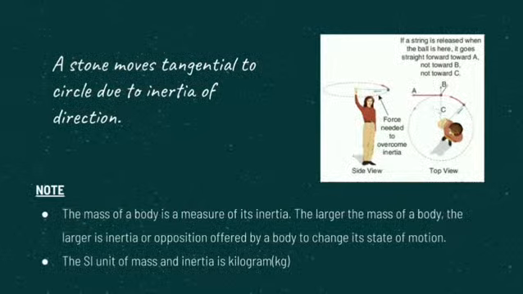Why it happens is that the ball is moving tangential to the circle due to the inertia of motion. The ball is moving in a circular fashion, and suddenly when you release the pull of the string, that means you are releasing the force, and because of that the ball changes its direction, and that is called the inertia of direction.